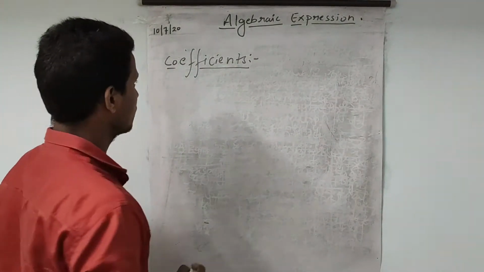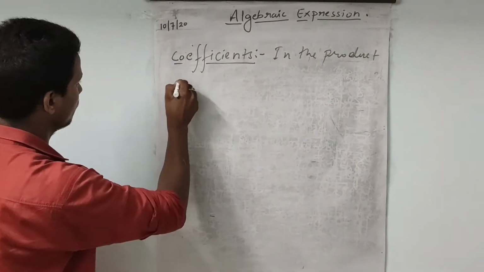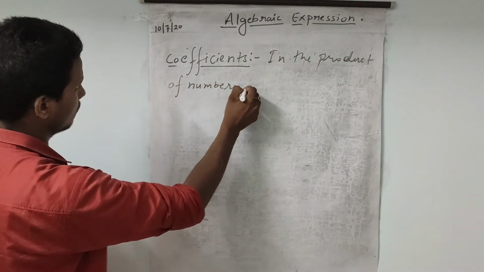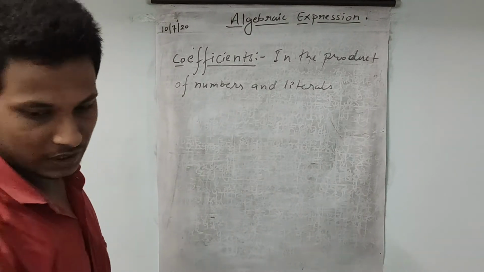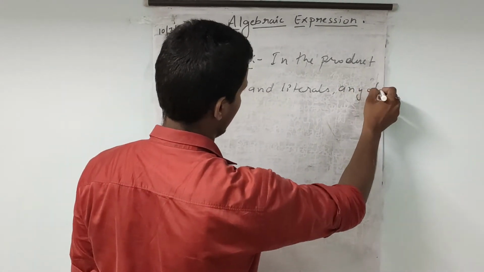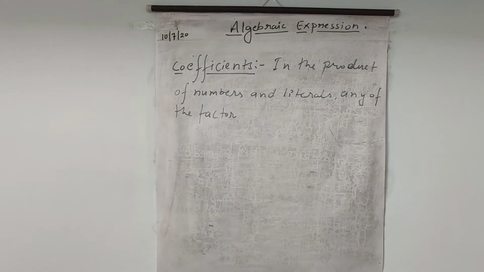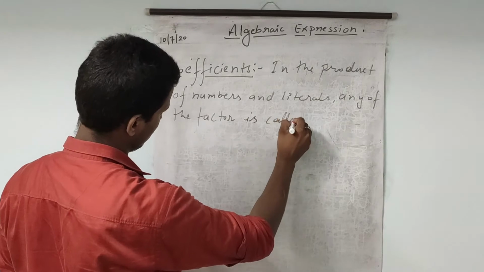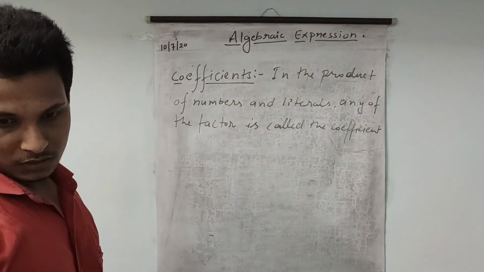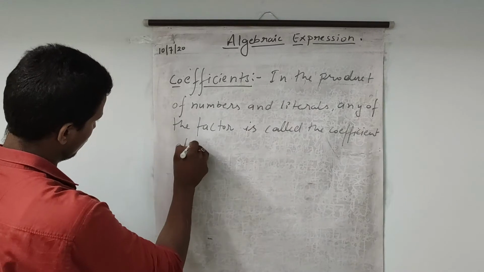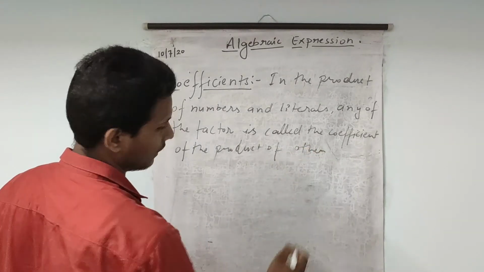Coefficients: in the product of numbers and literals, any of the factors is called the coefficient of the product of the other factors.